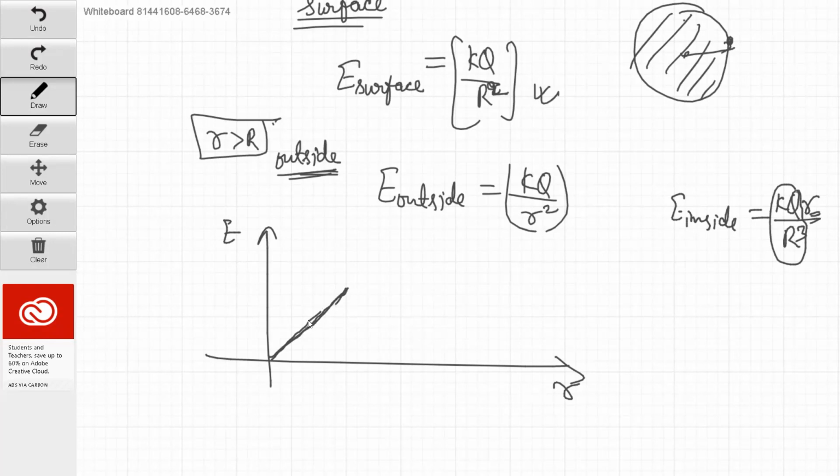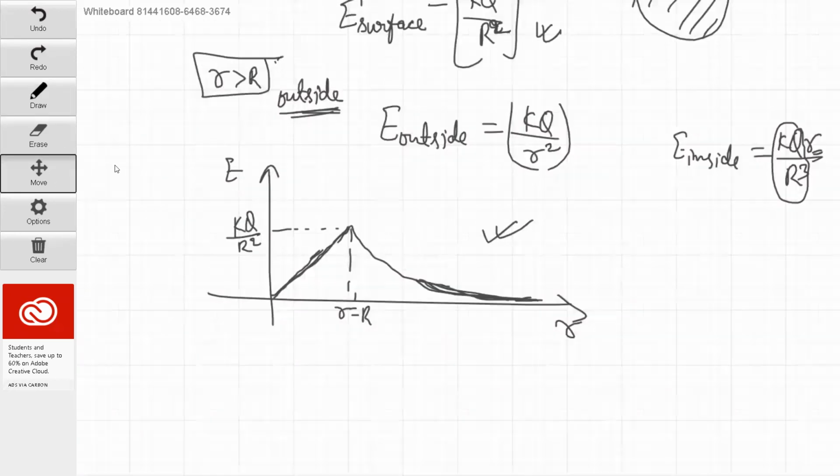So this is a straight line passing through the origin. And at r equal to R, this is the maximum electric field, that is KQ by capital R square. And outside it, it will decrease and become 0 at infinity. When it reaches infinity, it will become 0. Isn't it? So this graph you are going to get. Copy it.